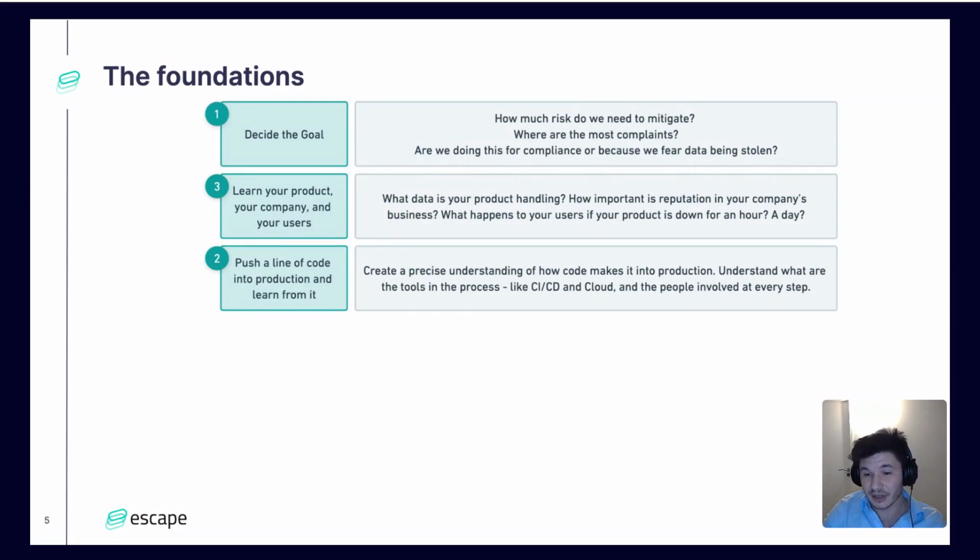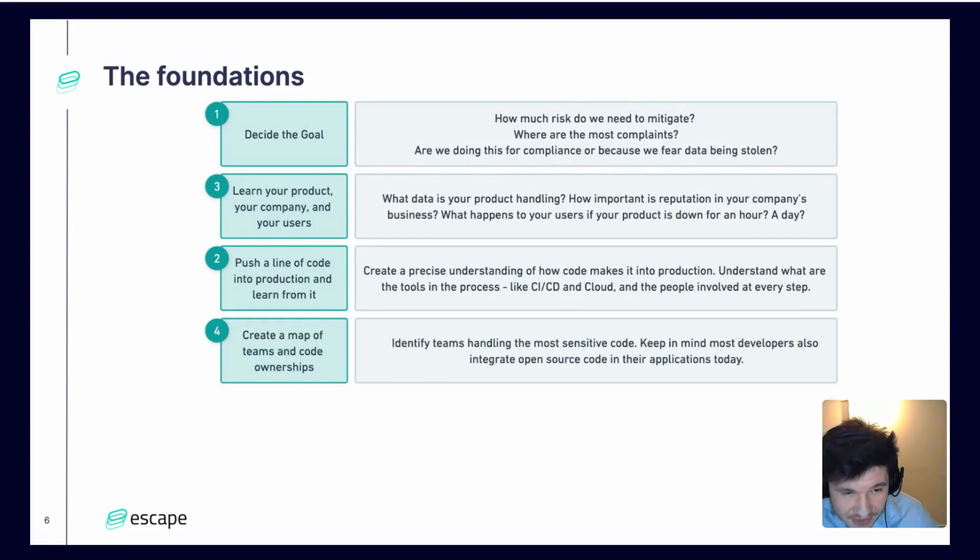What are the different tools that will manage and transform this line of code? What are the external libraries that we're using? What are the tools? What are the processes? Who is reviewing the code? And so on and so forth. You must understand precisely every step of the process, from the developer's IDE on the developer's laptop to the code running in production, and what all the steps and all the tools used in between are.